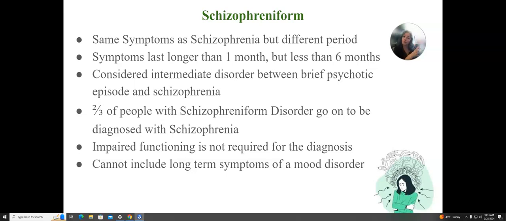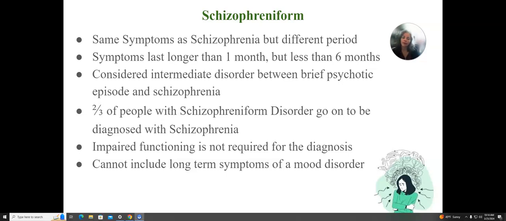So a psychotic break is less than a month. Between 1 and 6 months, it's schizophreniform. Once you hit 6 months or longer, let me go back. Less than a month, you can have a psychotic break, right? A psychotic episode. Schizophreniform is between 1 and 6 months, longer than 1, less than 6. And then 6 months and longer is schizophrenia, okay?